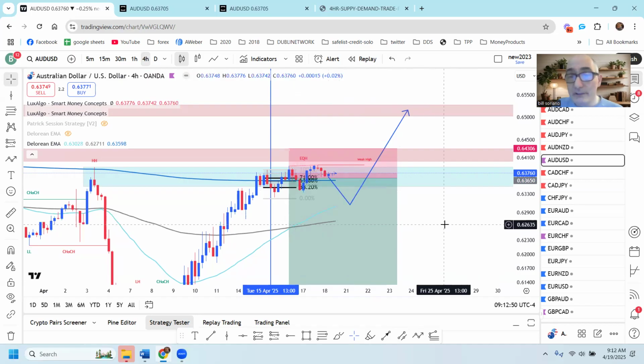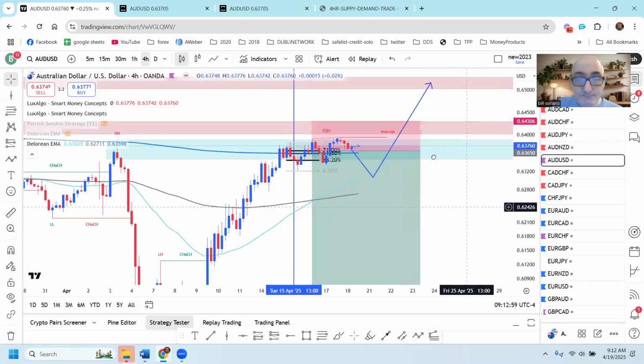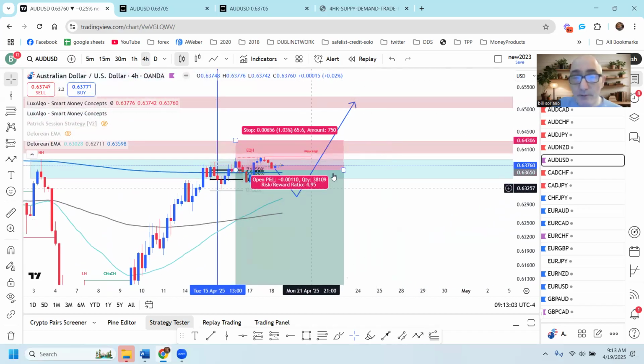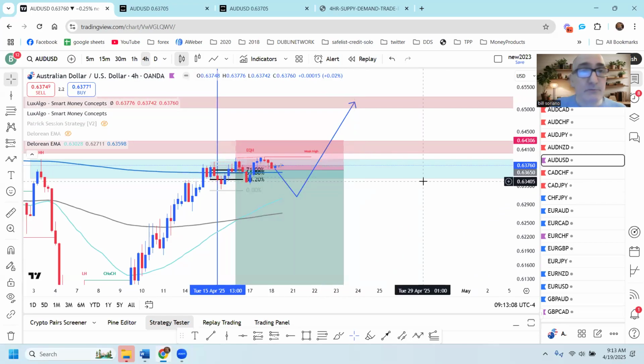So we're actually going to look now for buying opportunities, right? So once price moves up there, we'll probably have a buying opportunity. We'll have a demand zone down here on the 4-hour time frame. Okay, so that was AUD USD.